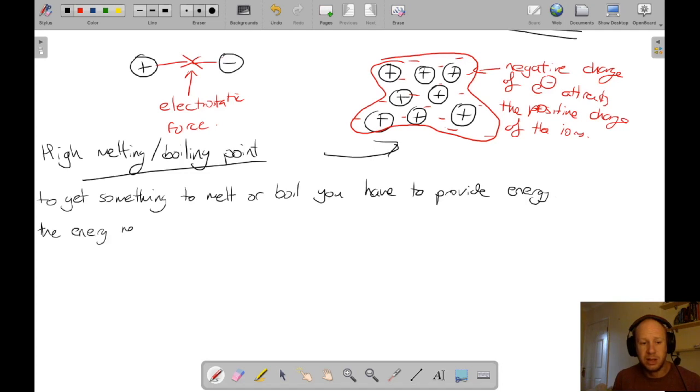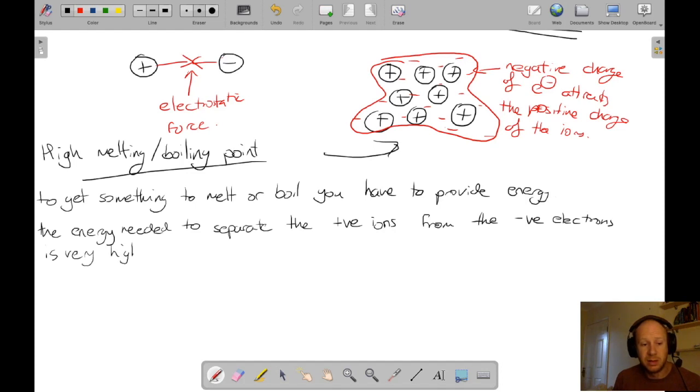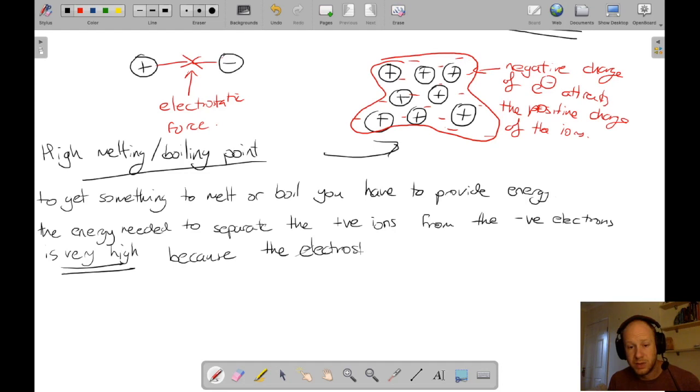The energy needed to separate the positive ions from the negative electrons is very high, because the electrostatic force is so strong.